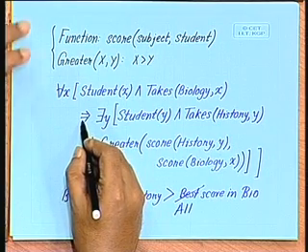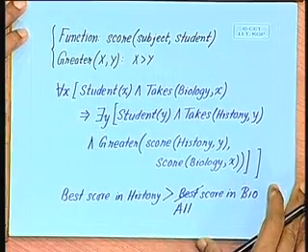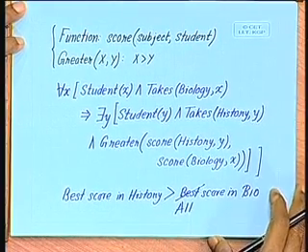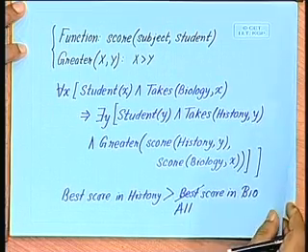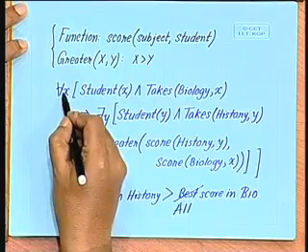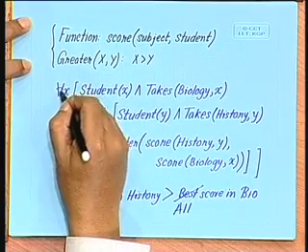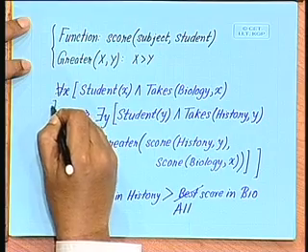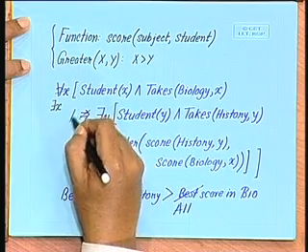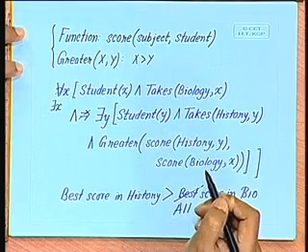Yes, instead of for all x, we will have there exists. So you want this to be changed to there exists x, and you want to replace this by and. Is that right?